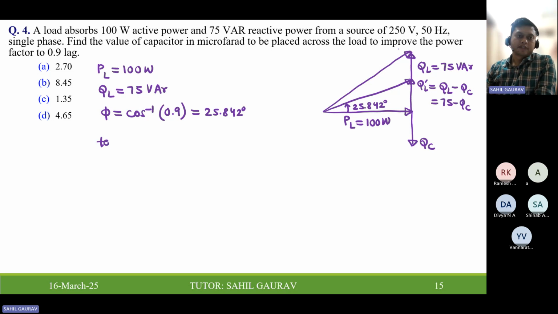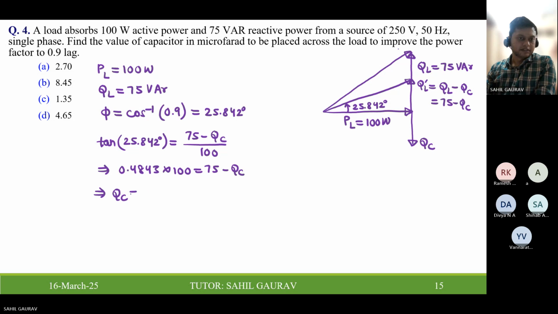Again you apply the tan expression: tan 25.842 degrees equals 75 minus QC upon PL, which is 100 watt. So 0.4843 into 100 equals 75 minus QC. QC will come as 26.567778 VAR.